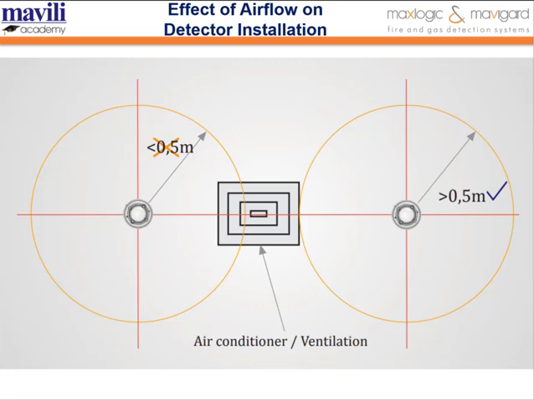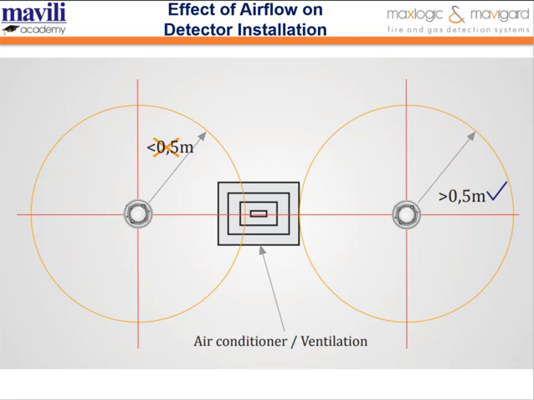So another important factor is the effect of airflow on detector installation. When placing detectors near ventilation outlets, air conditioning units, or air vents, we need to ensure that the airflow does not interfere with the detector's operation.